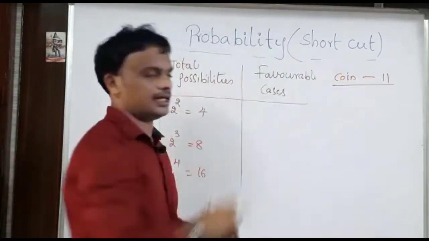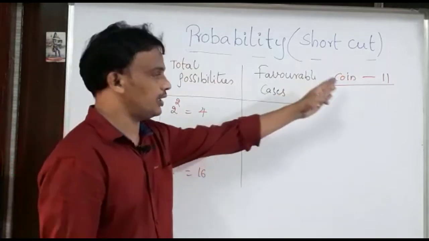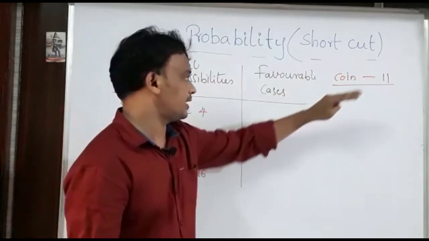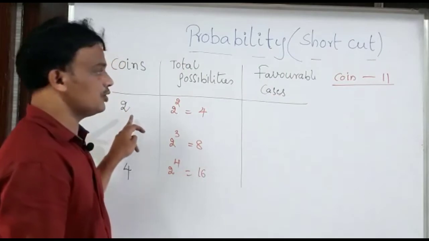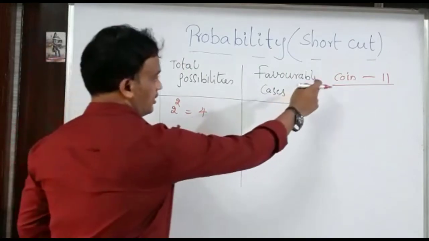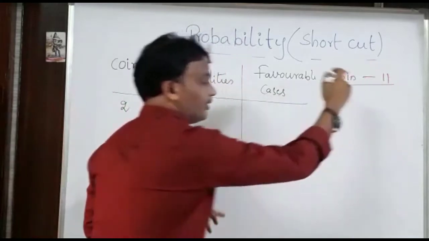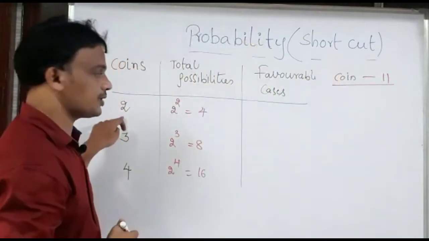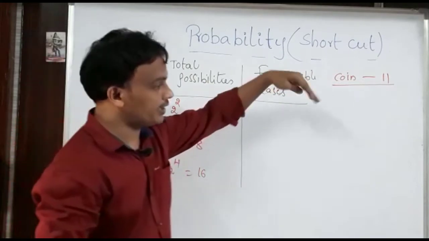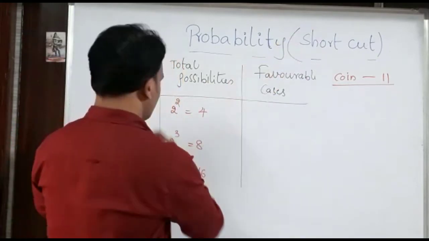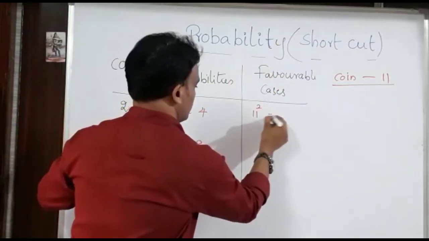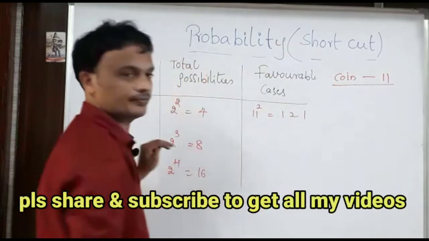So what is the secret behind that 11? When the coin is tossed 2 times, the favorable cases are based on 11 raised to the power of the number of times the coin is tossed, which is 11 square, 121.